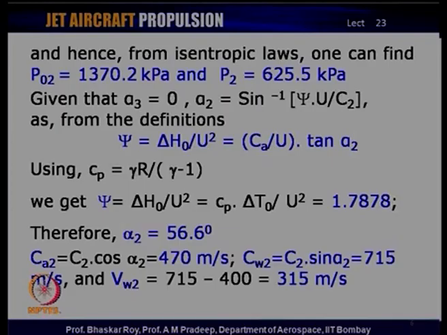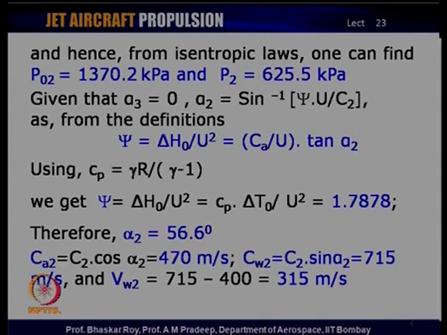This is from the definition of the work done, which we have done before, that is psi is equal to the enthalpy change across the stage divided by u squared, where u is the rotating speed. So, it is used as a normalizing parameter, and this is a definition of blade loading or the stage loading, quite often used in case of turbines and also sometimes in case of compressors.